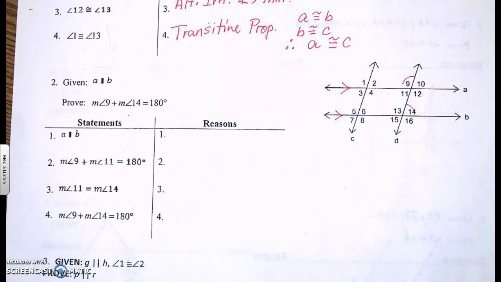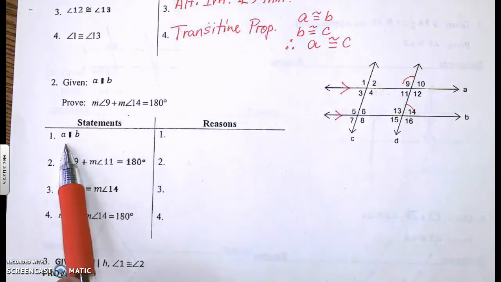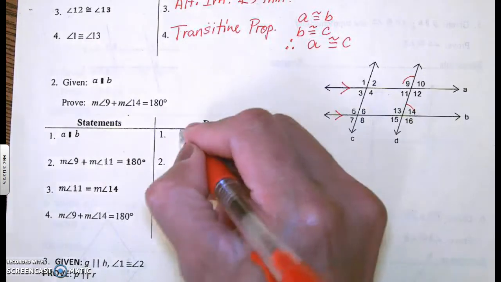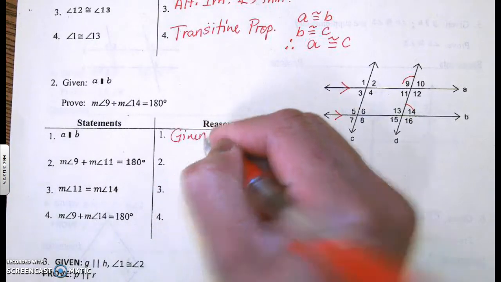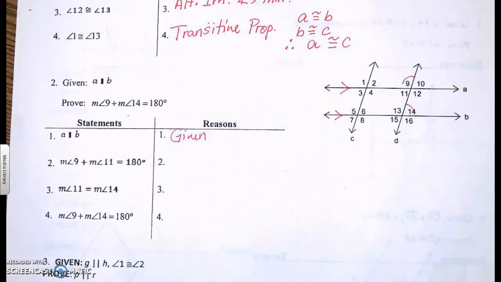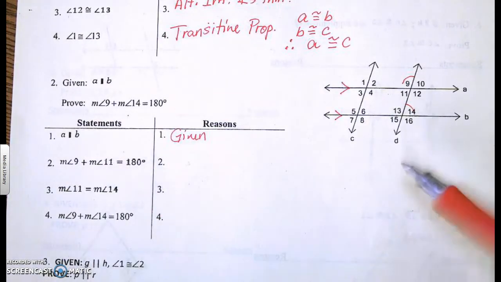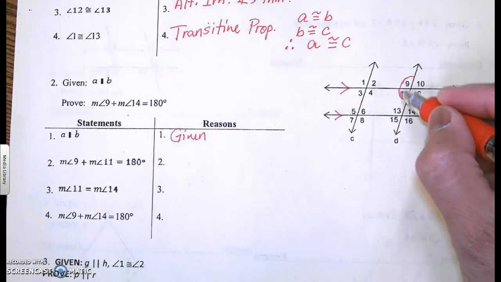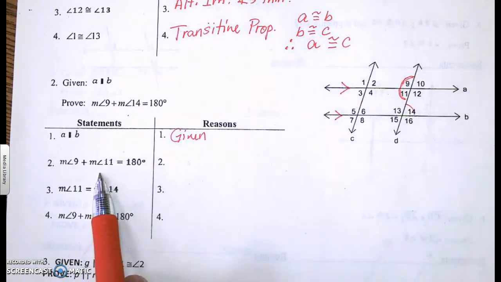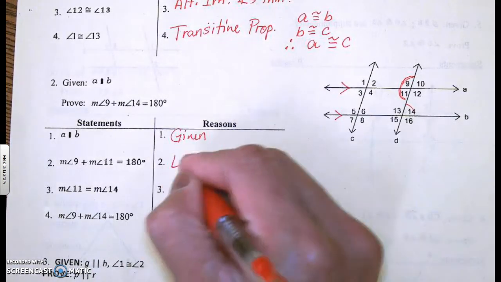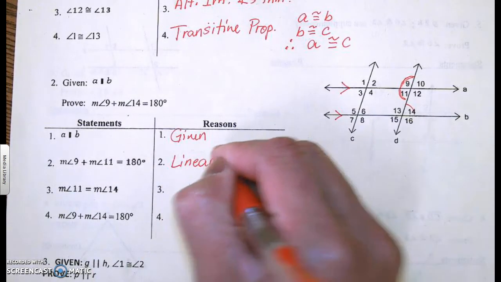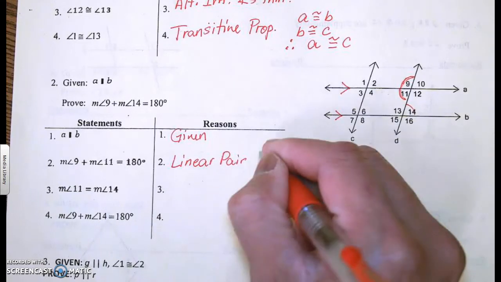So once again, your first statement goes A parallel B, and that is the given. And then measure of angle 9 plus measure of angle 11, this right here, is equal to 180 degrees, and the reason for that is the linear pair postulate.